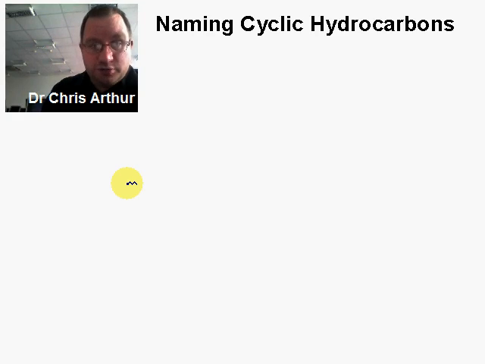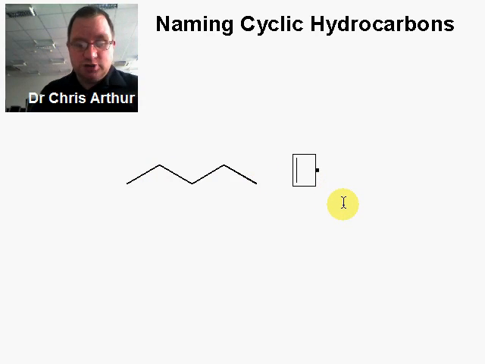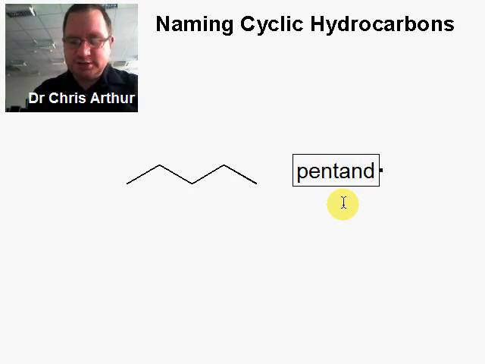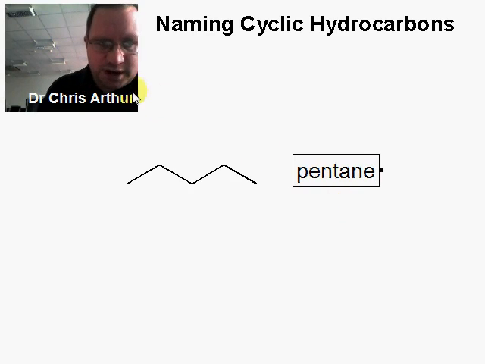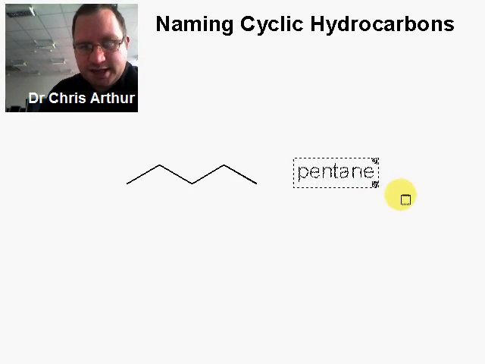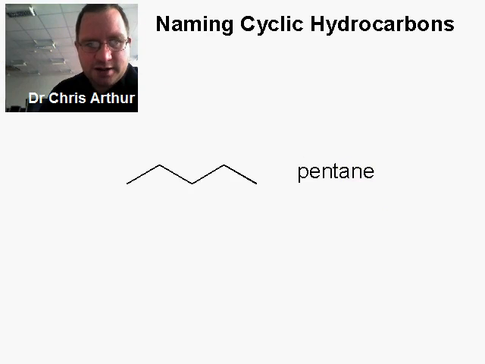name organic molecules. And you saw the cases of, for instance, simple alkanes, where we take, for instance, this is a 5-membered alkane chain, and you met the concept that the start of the name, pent in this case, tells you the length of the chain, and then the last little bit of the name, ane in this case, tells you that this is an alkane.